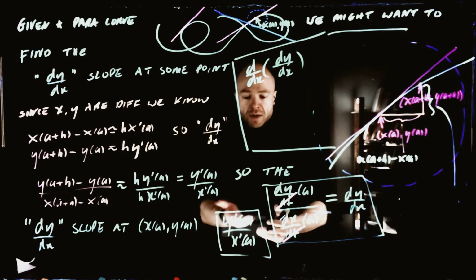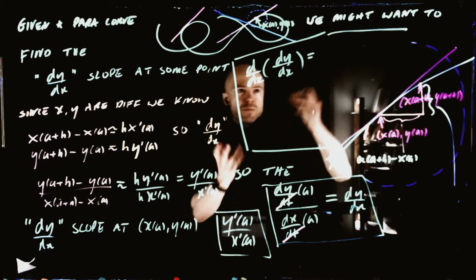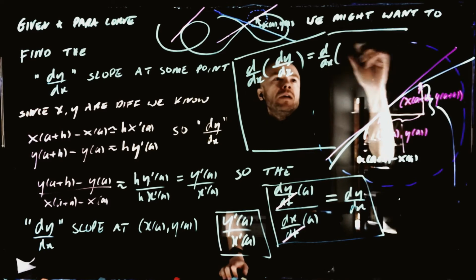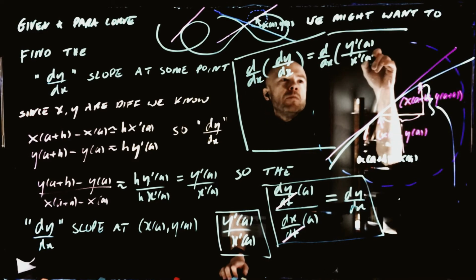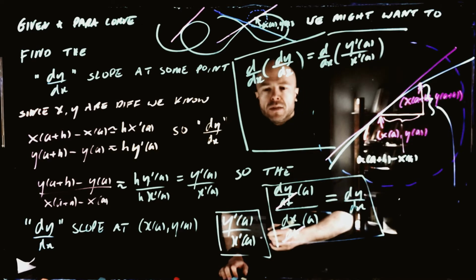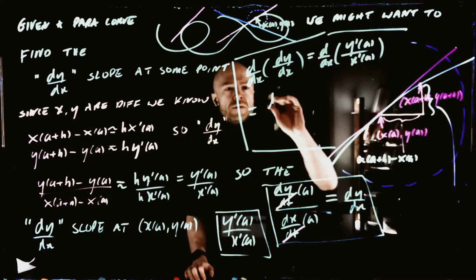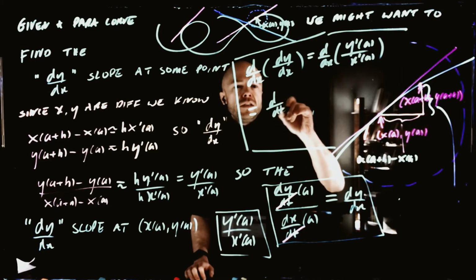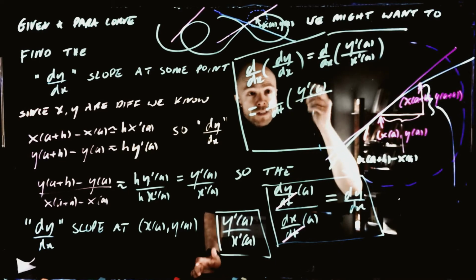But we have that dy by dx is given by this thing, y prime of a over x prime of a. And then this will actually be what happens when you take the derivative d by dt of this thing, which you can do because these are all functions of t.